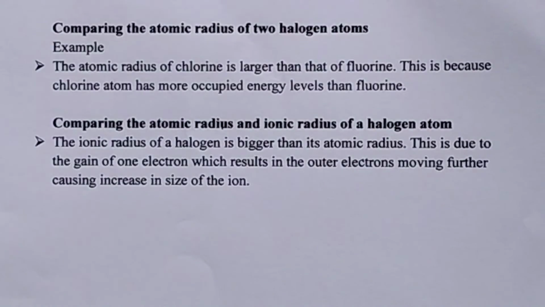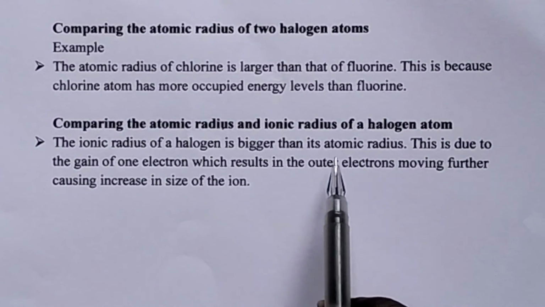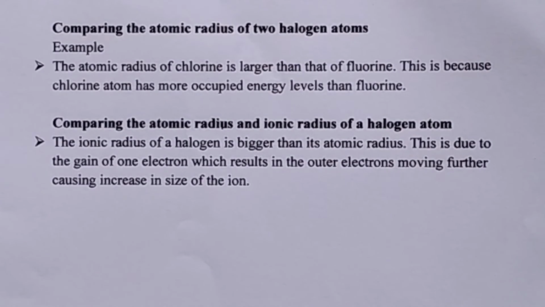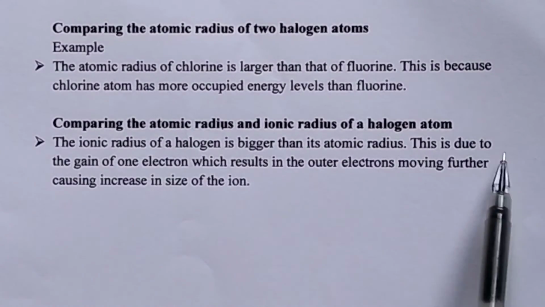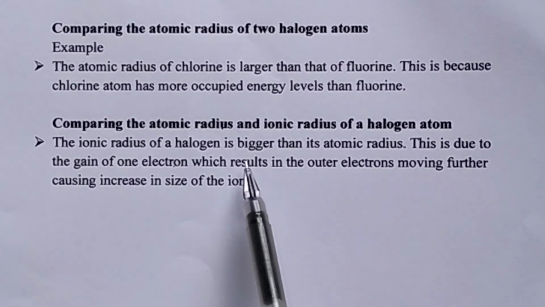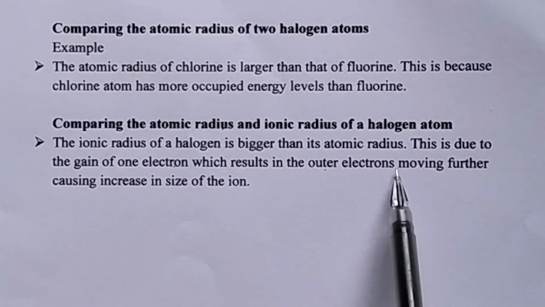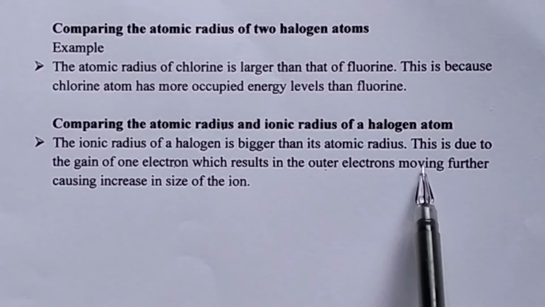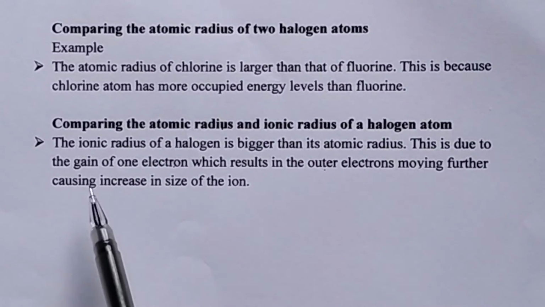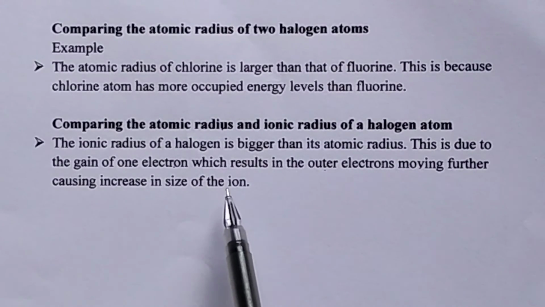If they gain an electron, the ionic radius becomes bigger than the atomic radius. This is due to the gain of 1 electron, which results in the outer electrons moving farther away, causing an increase in the size of the ion.